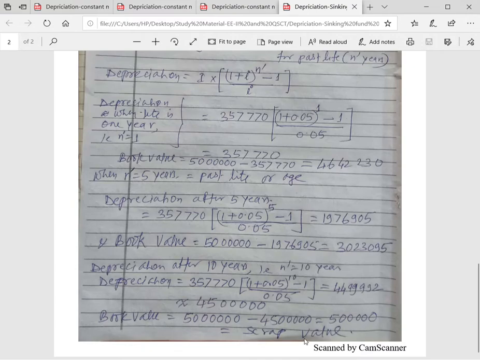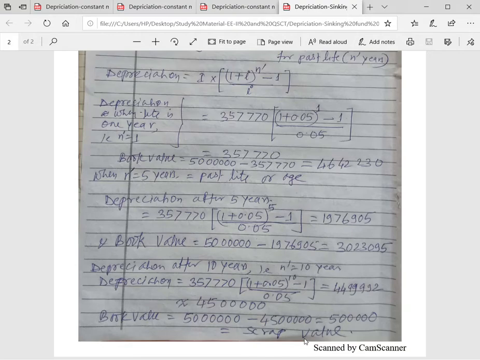So by this way we can work out the book value or valuation of any machinery, plant or building. Generally the sinking fund method is used for valuation of buildings and real estate. Constant percentage and straight line methods are used for machinery.